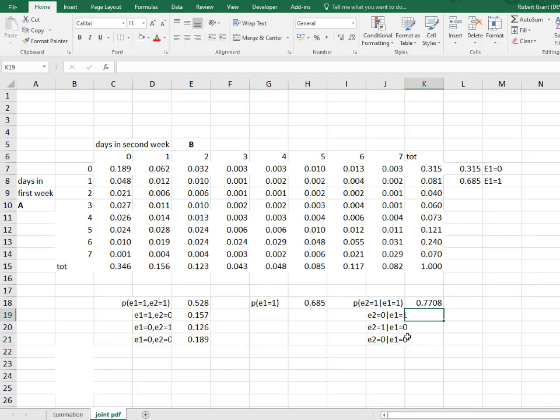To get this, we need to divide the probability of E1 equals 1 and E2 equals 0 by the probability of E1 equals 1. So it's both these here. I also need P of E1 equals 0.